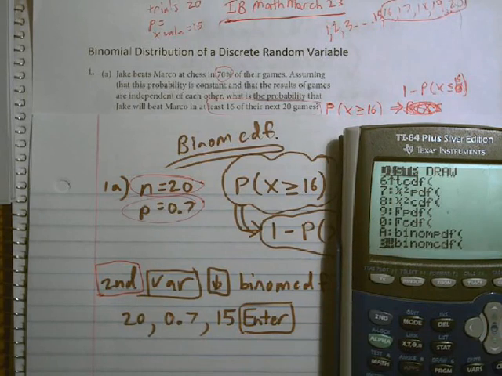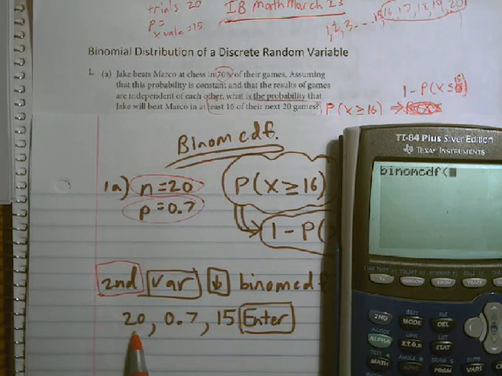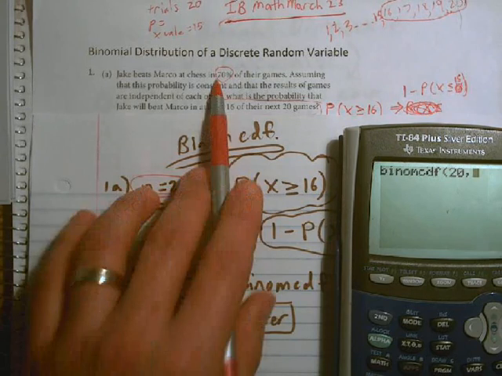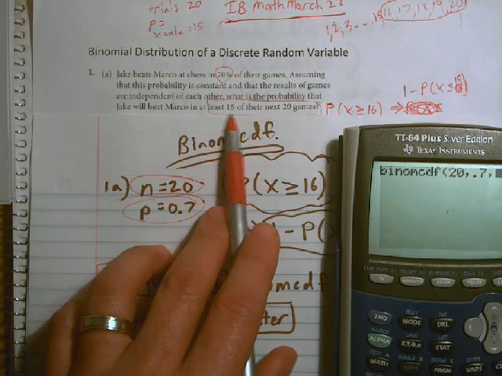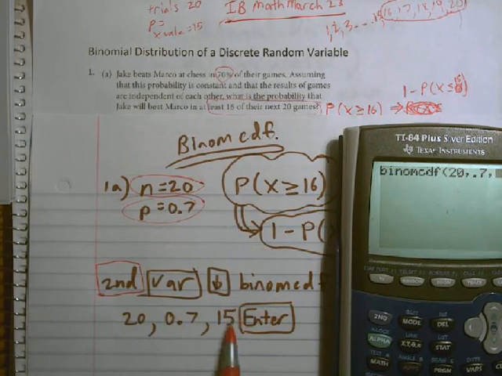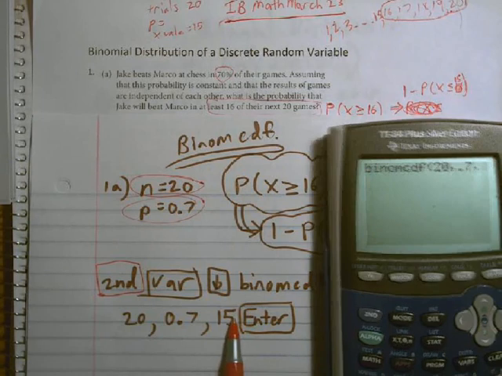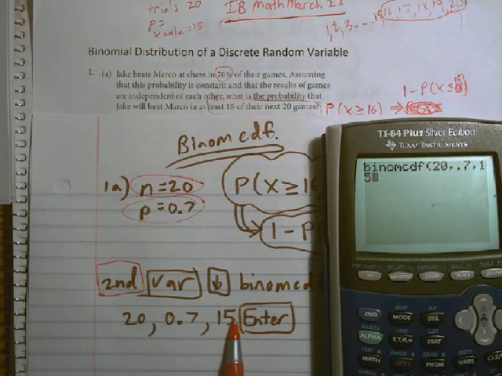Enter. And now I'm going to write 20 because that's how many trials we've got. We've got 20 games, comma. And now our chance of winning is 70%, 0.7, comma. And now we need less than or equal to 15, so we're going to put 15 here. Enter.